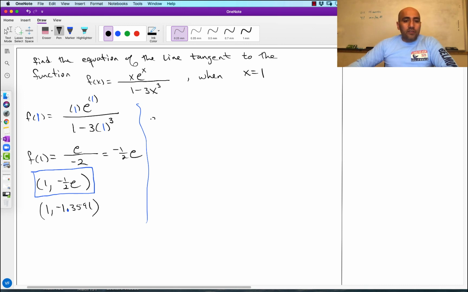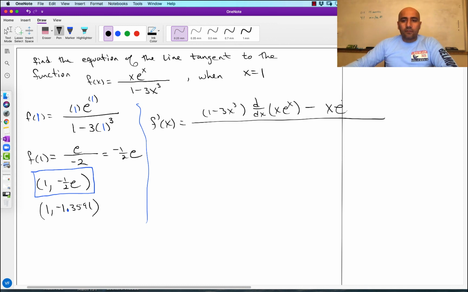Okay, so we know the derivative is going to be this very nasty fraction where we have low d high minus high d low over the denominator squared we go.